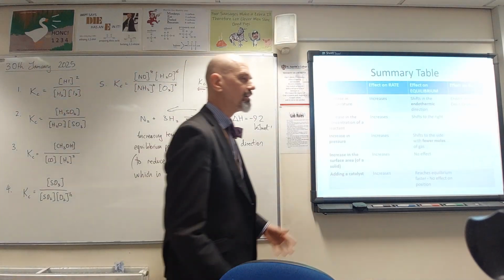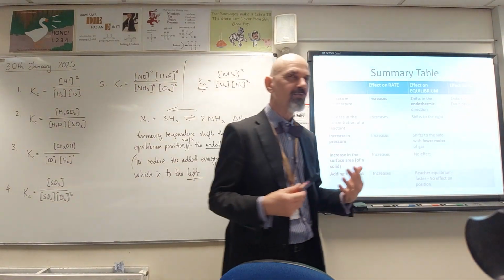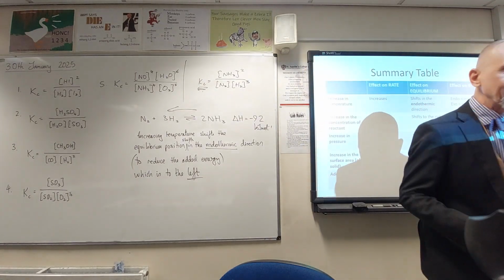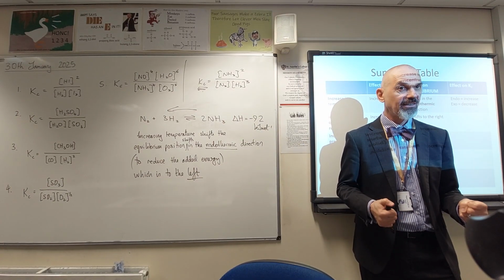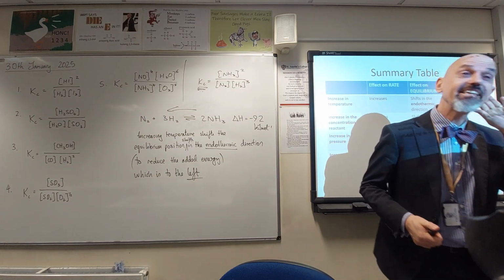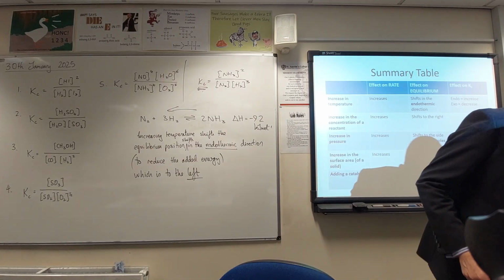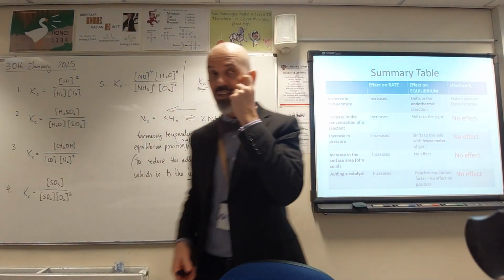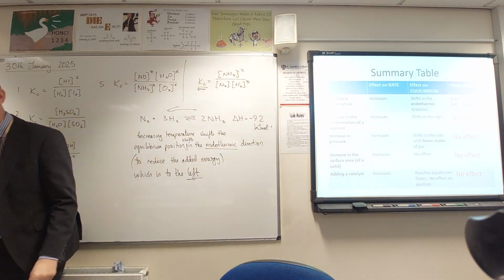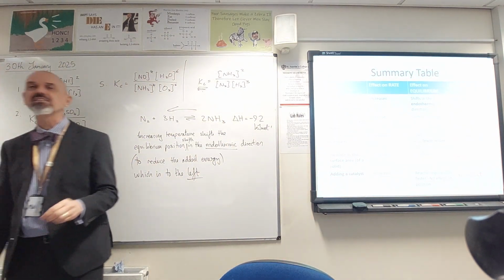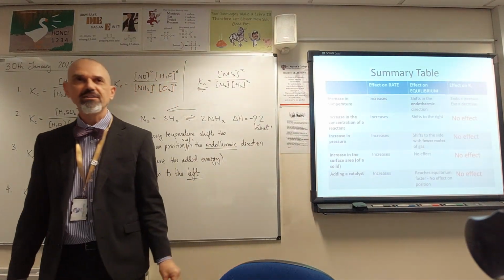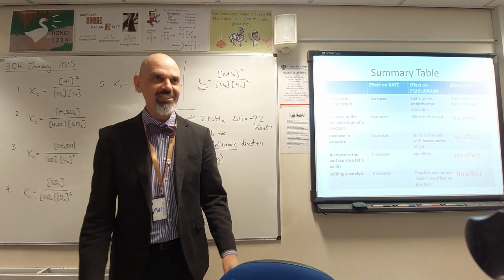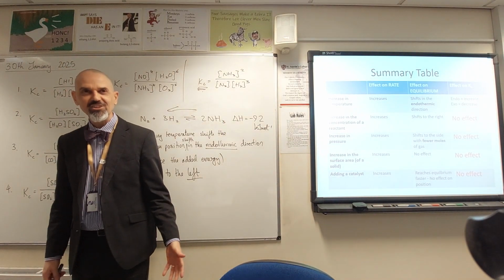Okay, so this is a really, really important point, and I really want to stress this. What is Kc? The equilibrium constant. It is constant at a given temperature, regardless of what else changes. Jamie's logic might have really appealed to you.